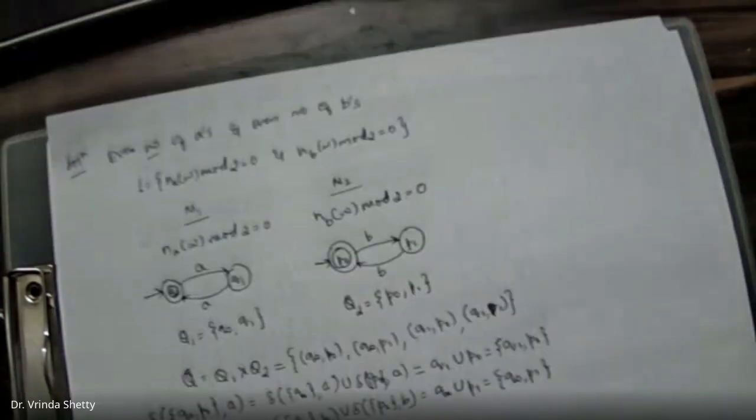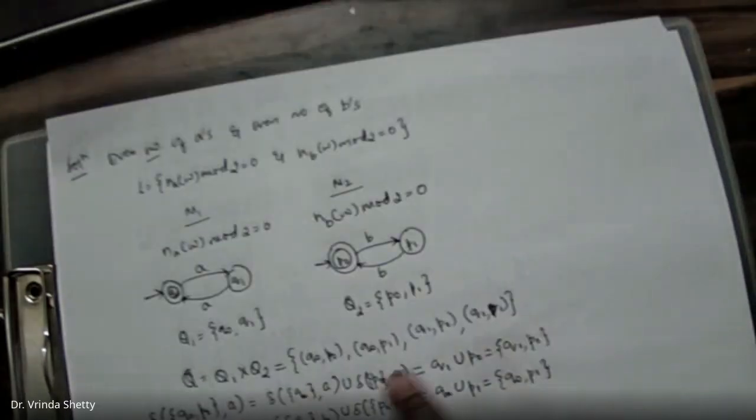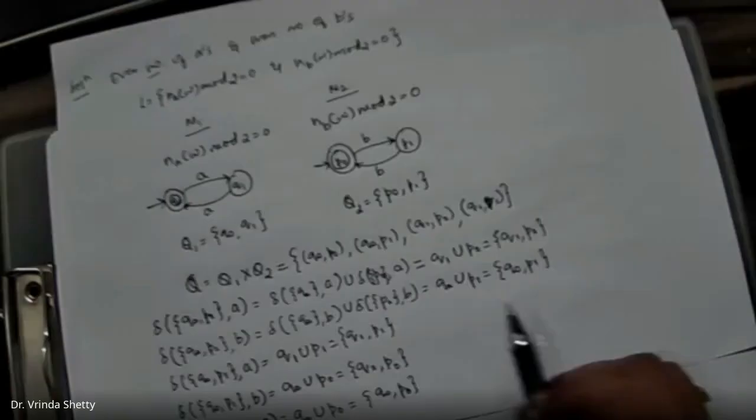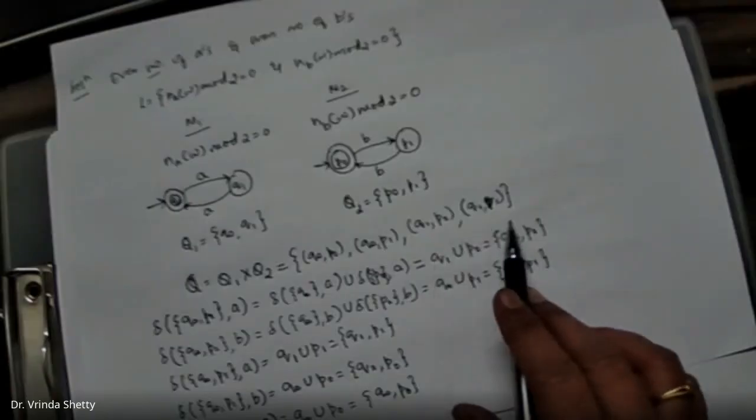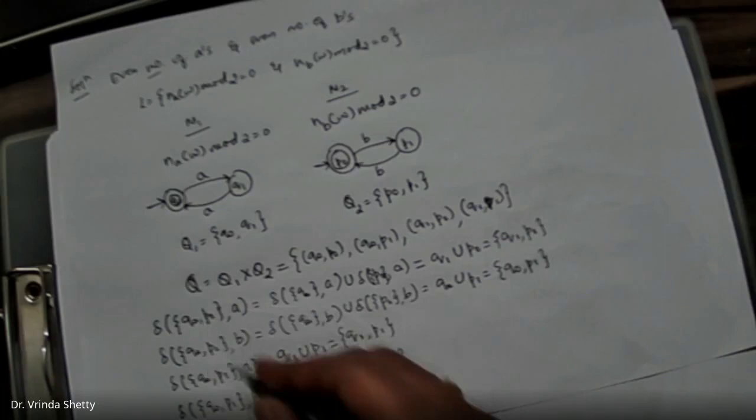So now if we check here, we have taken the cross product. We have got the states as Q naught P naught, Q naught P1, Q1 P naught, Q1 P1. For all these states, we have taken the input alphabets A and B and defined the transitions. So we have got all the states: Q naught P naught, Q naught P1, Q1 P naught, Q1 P1.